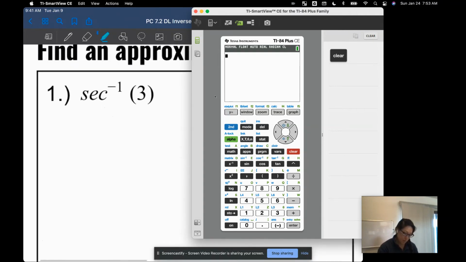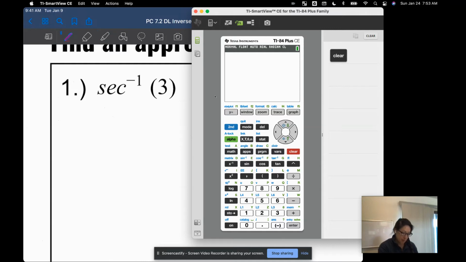I didn't write that. Anyway, we're going to rewrite these inverse trig expressions in terms of sine and cosine. For secant, we rewrite this as its reciprocal, so cosine inverse.